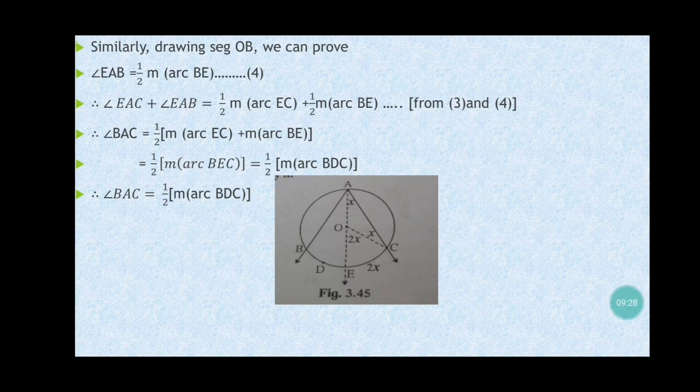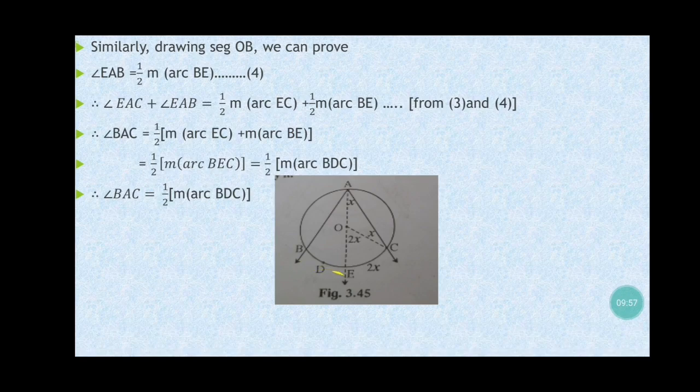Right? Now half we will take out common. What does this angle give us? Angle BAE plus angle EAC gives us angle BAC, sorry. So angle BAC will be equal to half, common in bracket, measure arc BE plus measure arc EC.